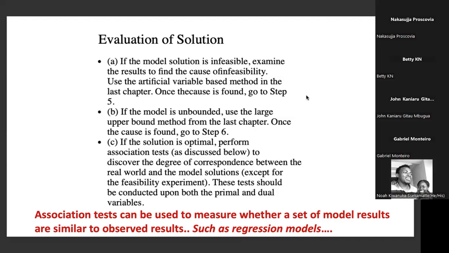I don't know if you did this in statistics, but you can find this in theories of biostatistics, where you go into the theory behind the applicable biostatistics. So association tests can be used to measure whether a set of model results are similar to observed results. There's a couple of them. I think you are aware of those tests.